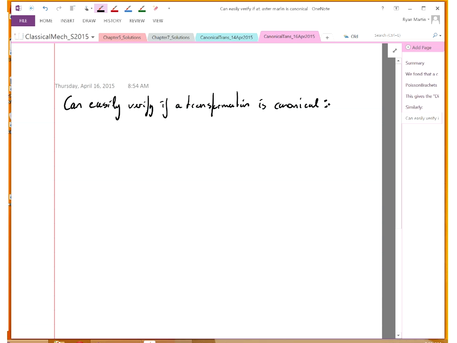So you have a transformation from lowercase q's and p's to capital Q's and P's. Then, if you evaluate the Poisson bracket of capital Qi with capital Pj, that must equal delta ij. And you can evaluate that Poisson bracket in whatever coordinate system is most convenient for you.